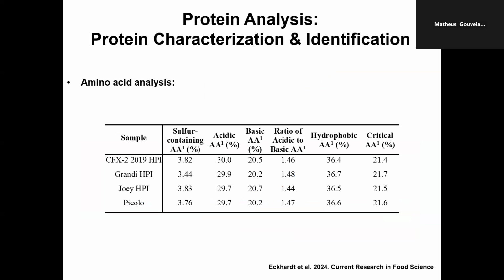And like you said, we determine the composition of key amino acids, like how much acidic, basic, the ratio of acidic to basic, which will be an indication of net charge. Sulfhydryl groups, sulfur-containing amino acids.